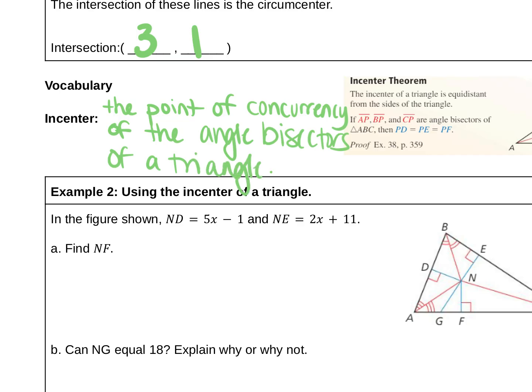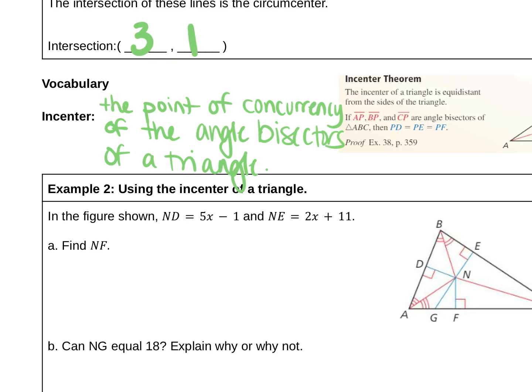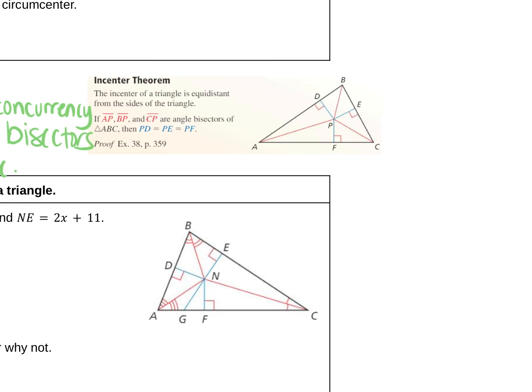Okay? So the incenter is where all of the angle bisectors intersect. And then it kind of has an opposite but very similar relationship as the circumcenter. So we got to kind of go back and forth between the two.